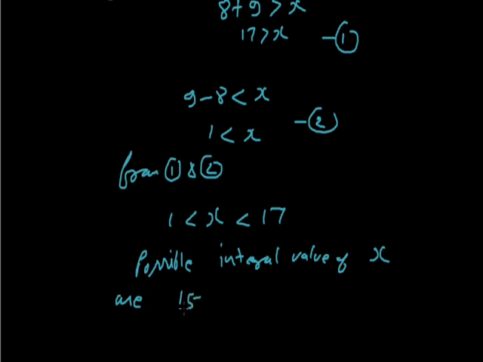So 15 possible values are there. Possible number of integral values of x are 15. There are 15 values of x which are possible.